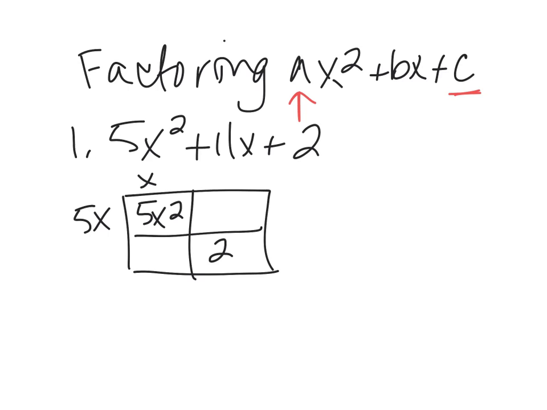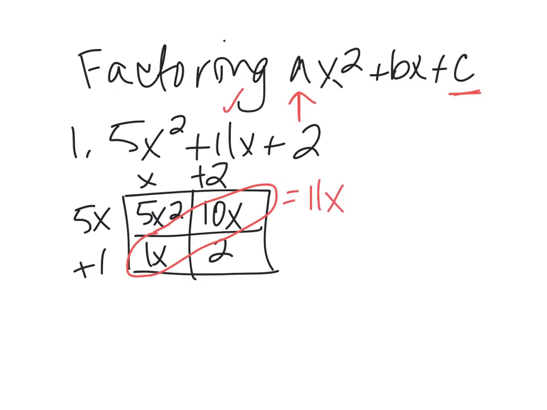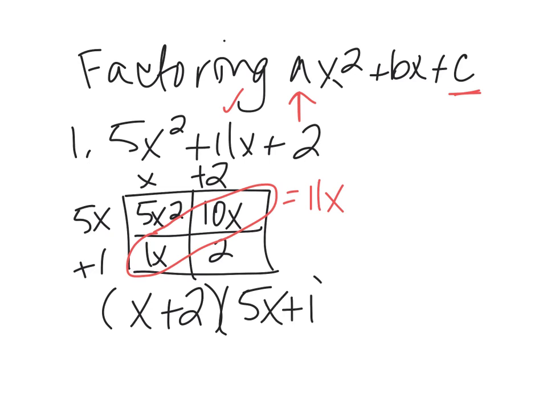So we're just going to try 2 and 1, and of course plus. So 5x times 2 is 10x, 1 times x is 1x. Then we combine like terms, and that gives us 11x, which is what we wanted. So our factors are x plus 2 times 5x plus 1.